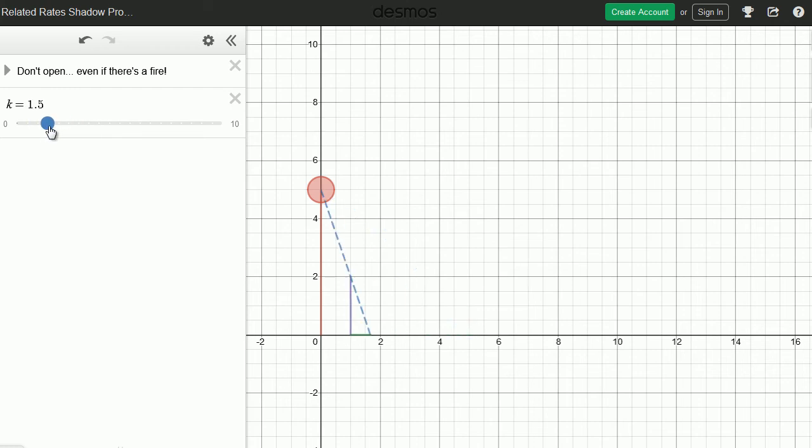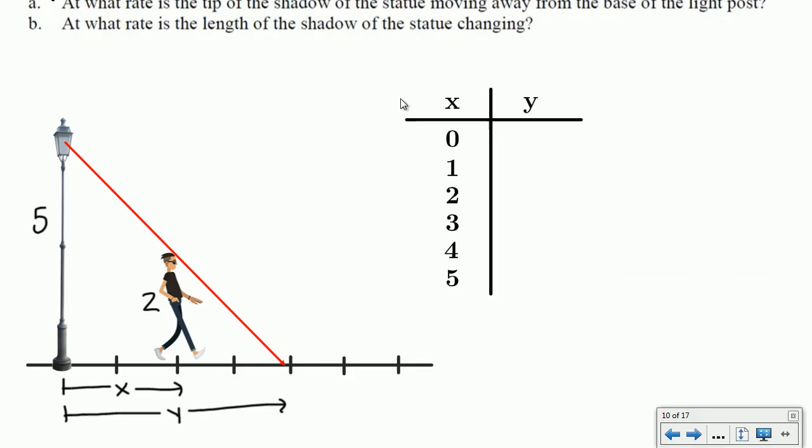So you can play around with that a little bit and see how the problem works. At this point, I'd recommend you pause the video and, using Desmos, fill out this table with statue versus shadow distance from the lamppost. And as you go further along, see if you can predict what the shadow distance will be.